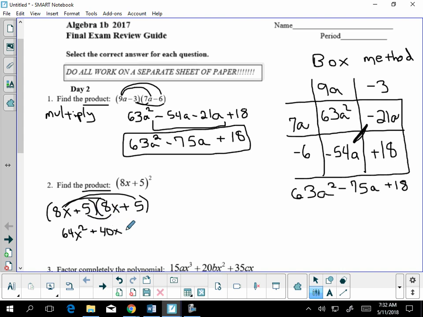Got the same thing right there, 40x. And our last one, 5 times 5, is 25. And I'm left with 64x squared plus 80x plus 25.